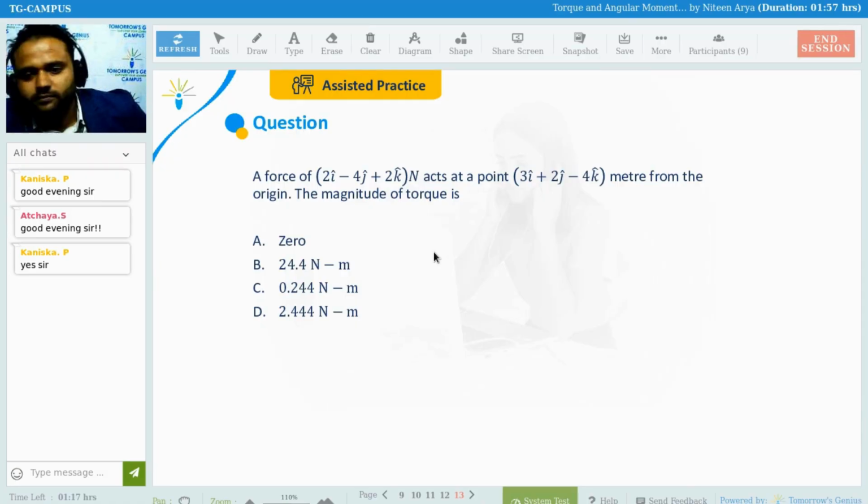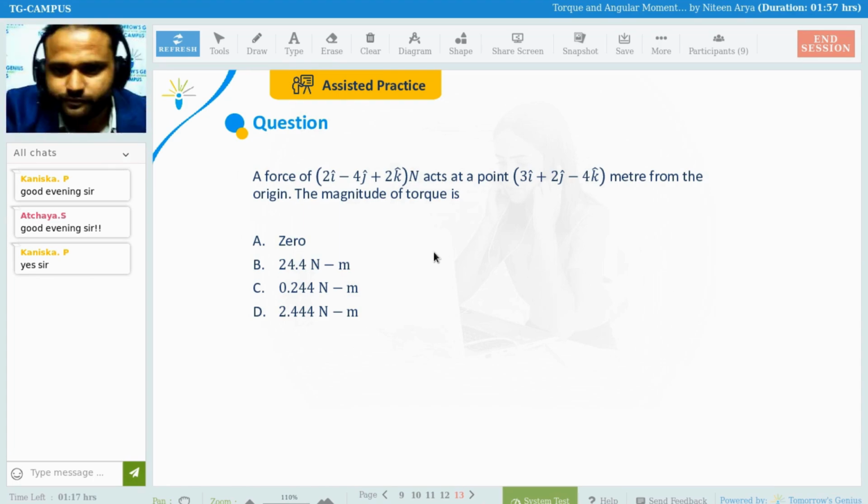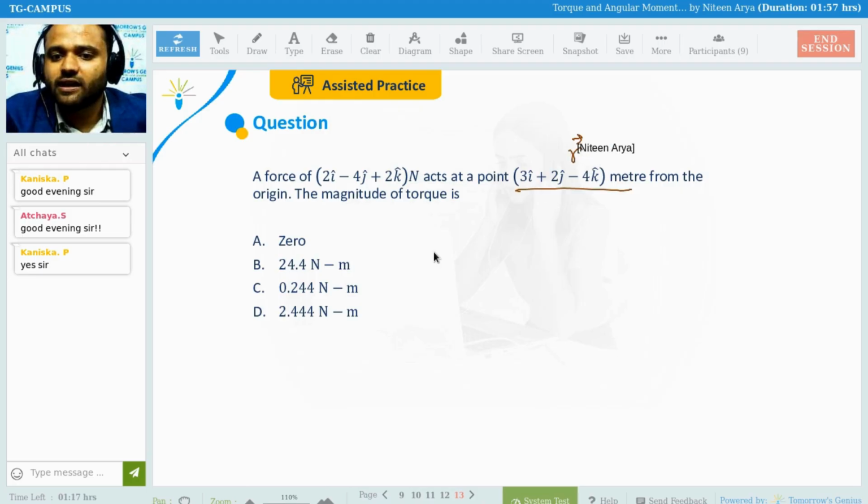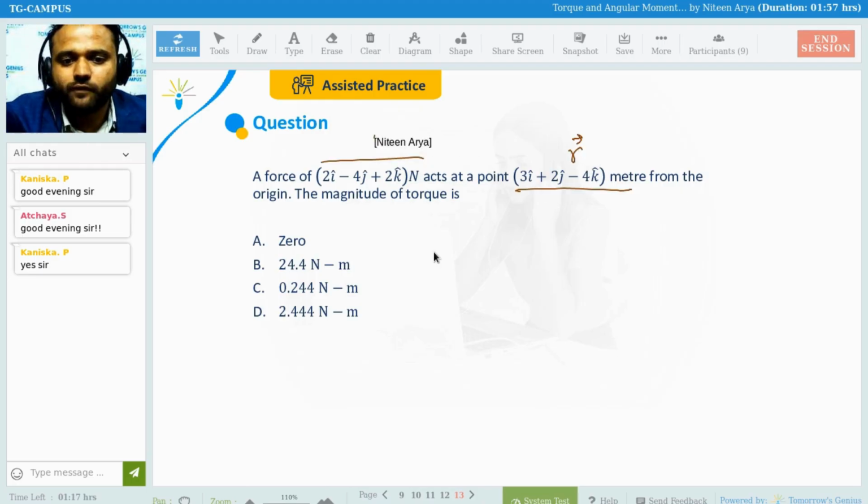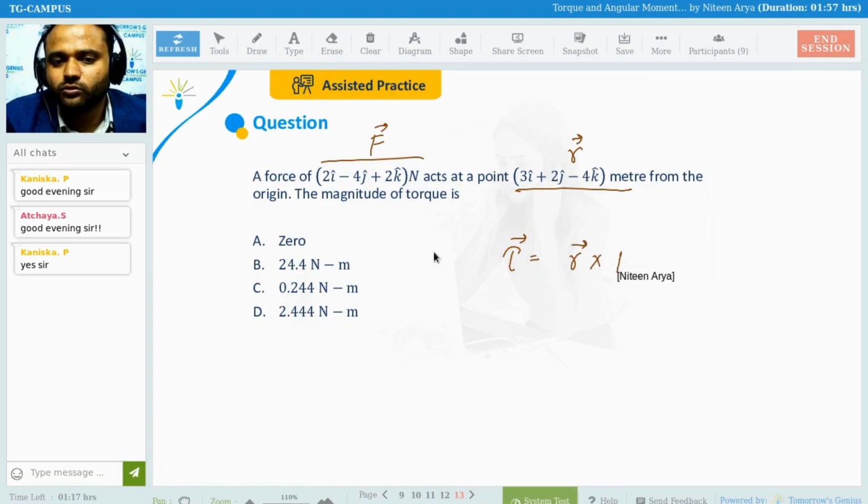Okay, do this then. Find the magnitude of torque. You just need to use the cross product. The force is given, and the position r is given, because as you can directly read it, it is in meters, so obviously it is r, and it is in Newtons, so obviously it is F. And what you need to find is this into this, and its magnitude.